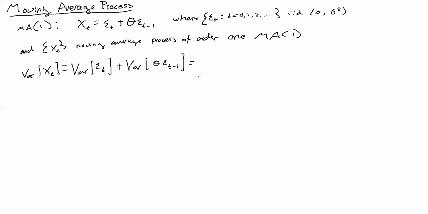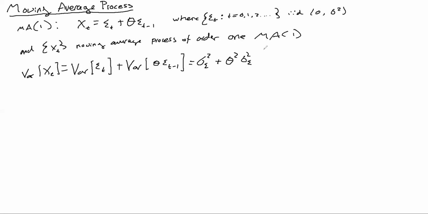We can simplify this a little bit more. It's equal to the variance of our error term plus, factoring out the theta, theta squared multiplied by the variance of the error.